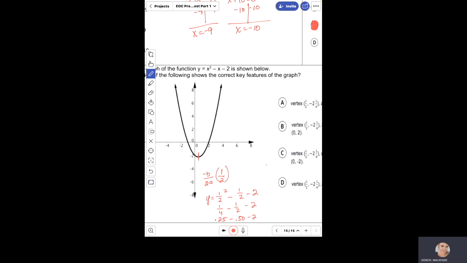So that's going to be 0.25 minus 0.5. Same signs add and keep. Different signs subtract. So it's 0.25. So you guys hate fractions and I hate decimals.